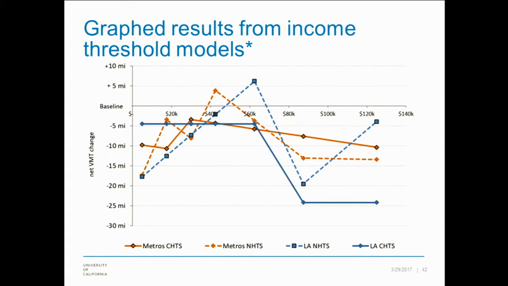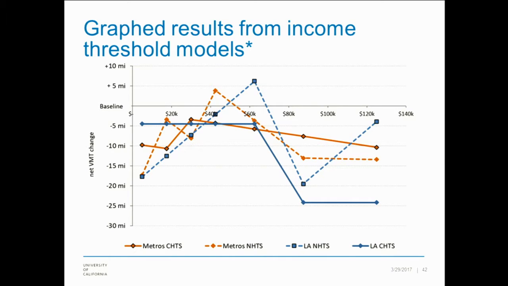It goes from only 5 miles less down to almost 25 miles less. But for the NHTS data, it's all over the place. It's lower for a lower income. It gets higher up until middle income, then it goes way down again for greater than $75,000 in income, and then goes up again for the highest levels of income.